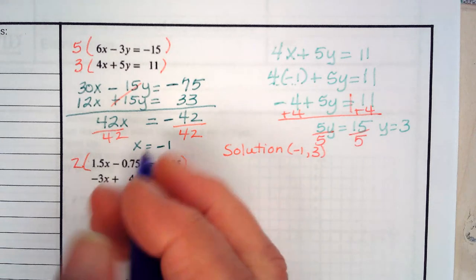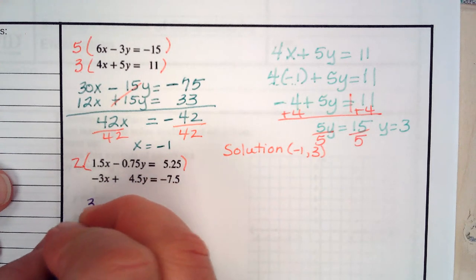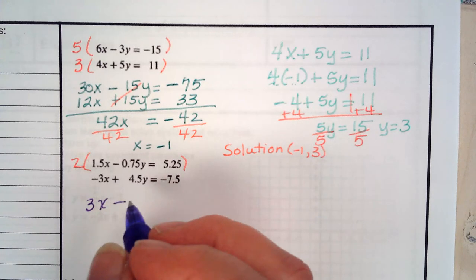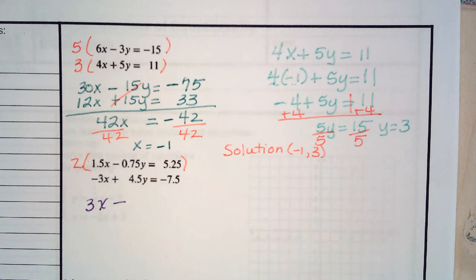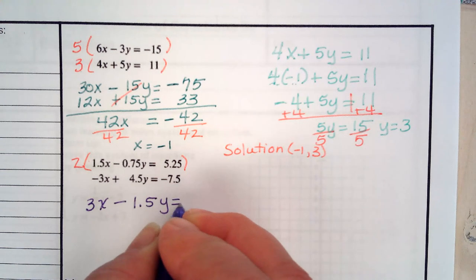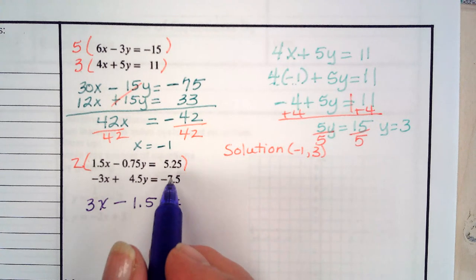So all I have to do is multiply that first equation by 2. 1.5 times 2 is 3. 3x minus 0.75, well, think of what 75 cents plus 75 cents is. That's $1.50. 1.5y is equal to, I've got $5.25.